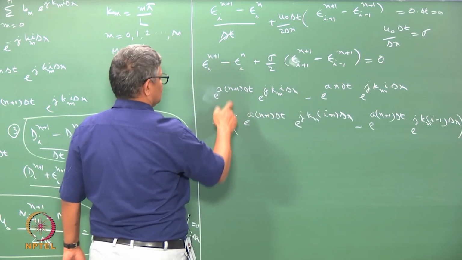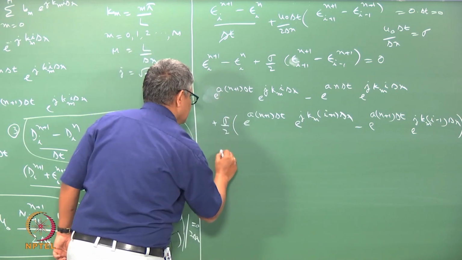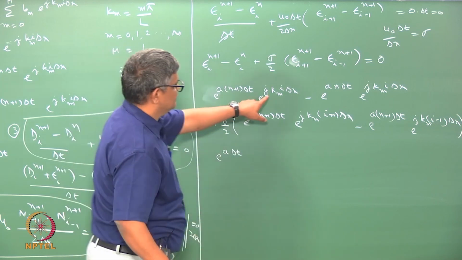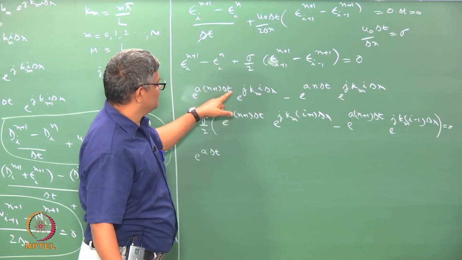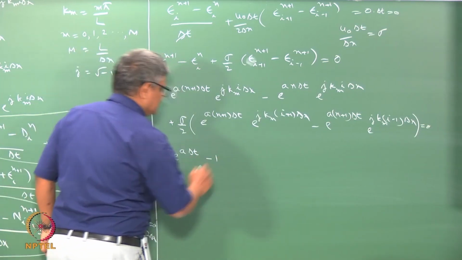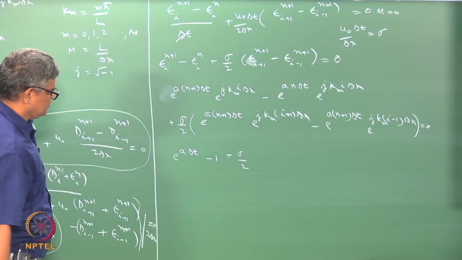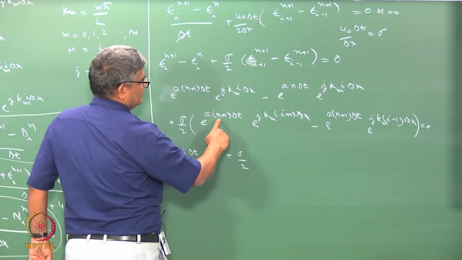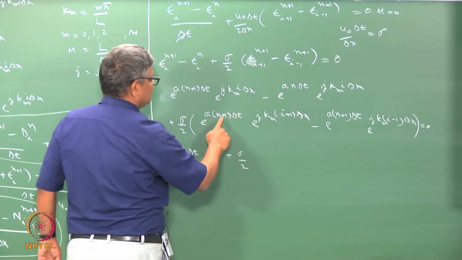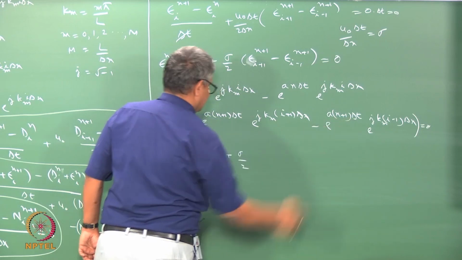Okay, so that we have, if we divide by this, we get a delta t, because this and this will cancel out, and the n part will cancel out with this, and we get exponential of a delta t minus 1 plus sigma by 2 here, and here a n delta t again will cancel out, leaving this exponential of a delta t, and similarly here exponential of a delta t will be there.